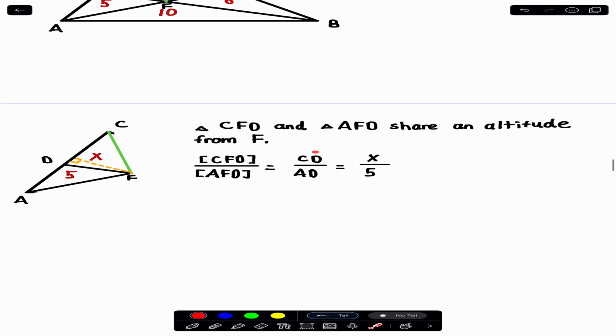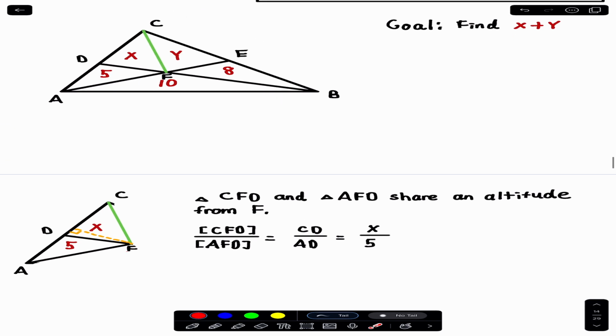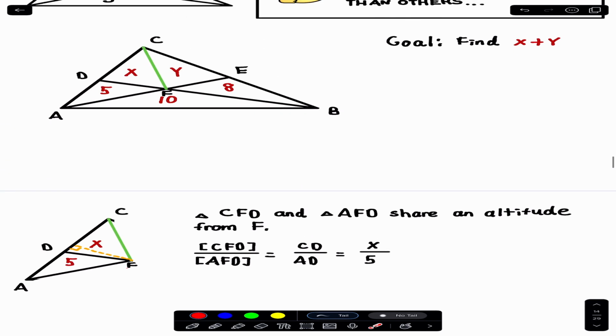That's good to know. Now we can set up another equation involving CD and AD, because if we visualize it, these two triangles are not the only way that we can include CD and AD.